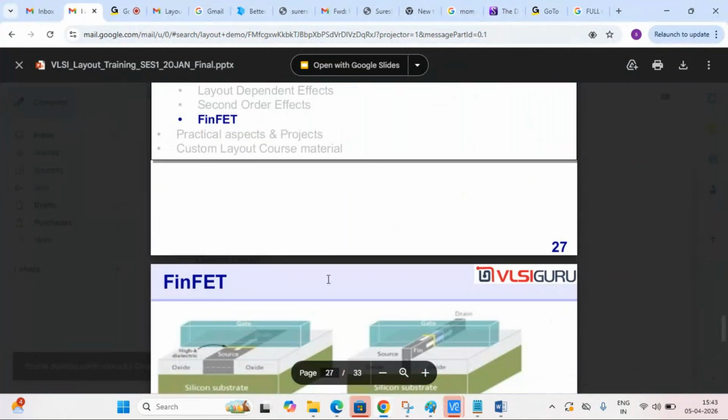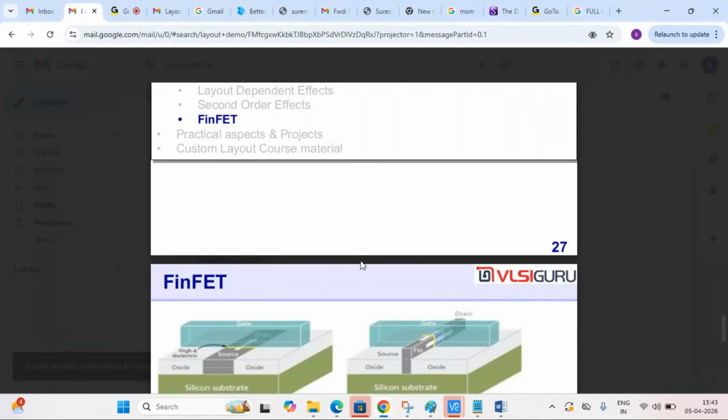So nowadays FinFET is also a faster chip. Within 30 minutes it will charge your mobile phone.